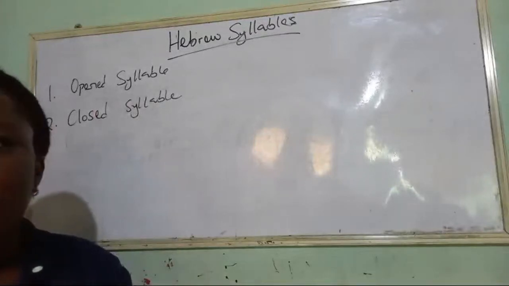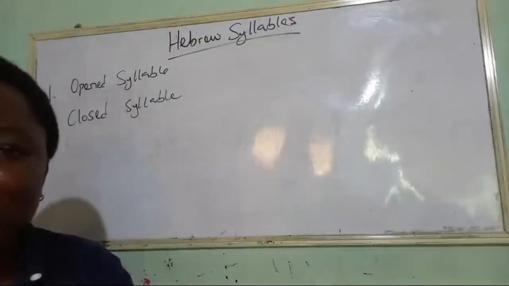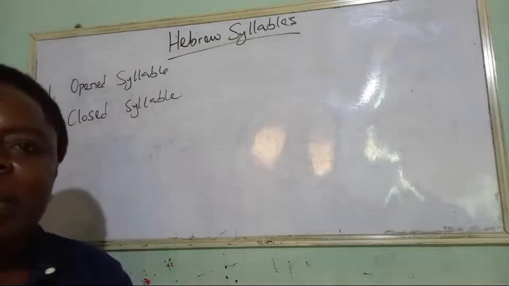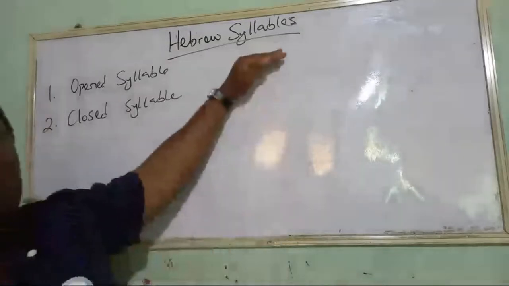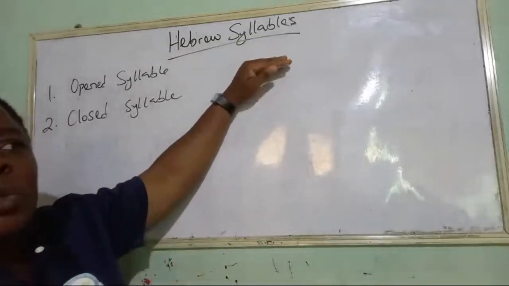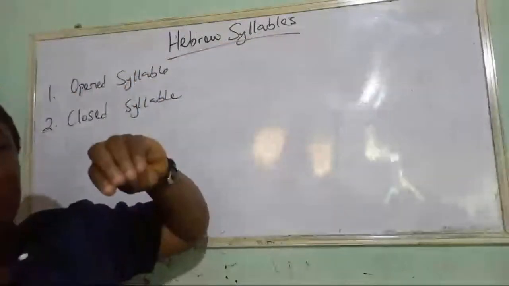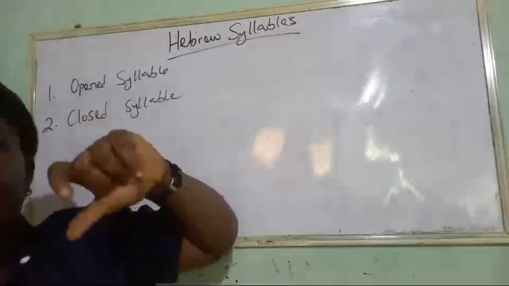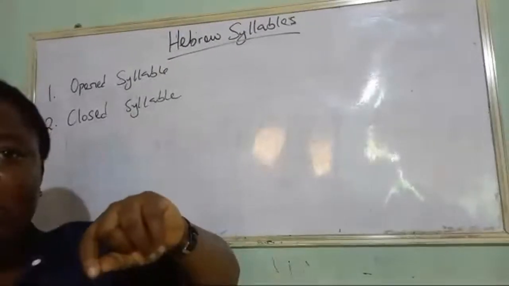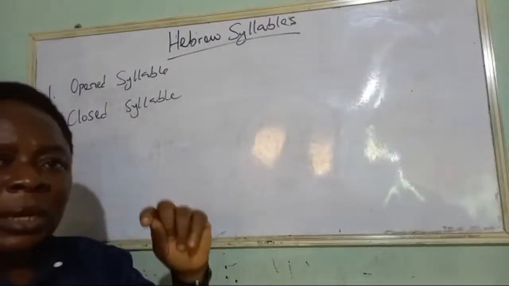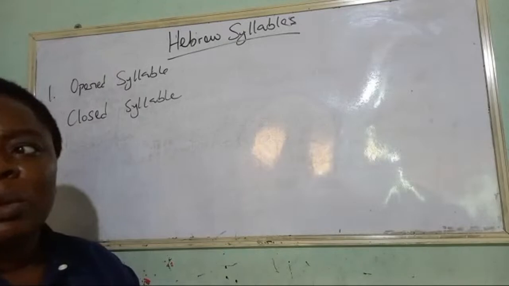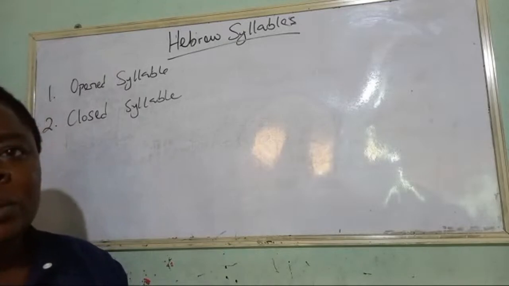A half vowel does not make a syllable. A half vowel can never make a syllable in Hebrew. So syllabification deals only with the full vowels: your short vowels, the long vowels, and the naturally long vowels.